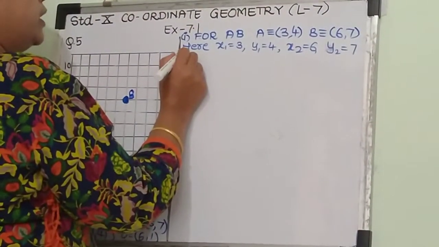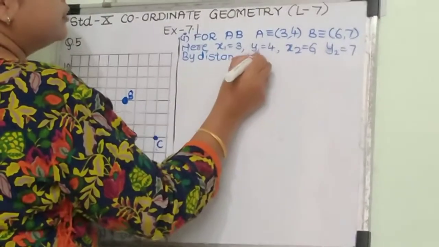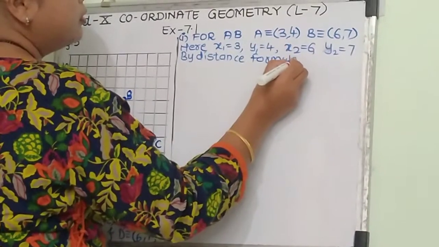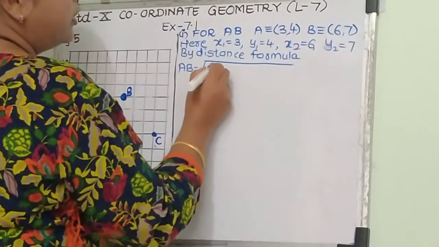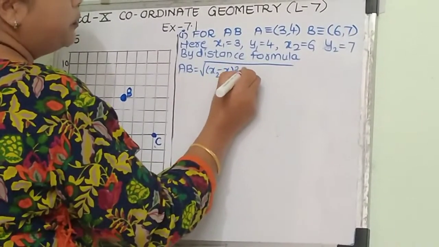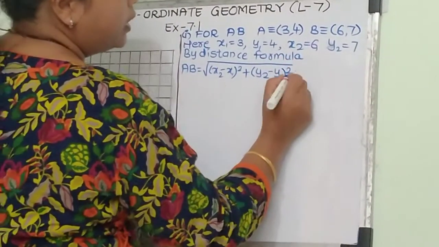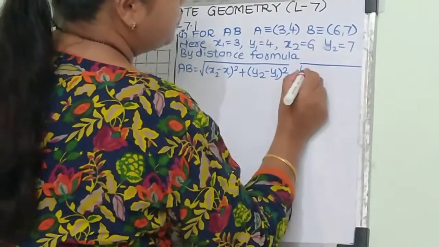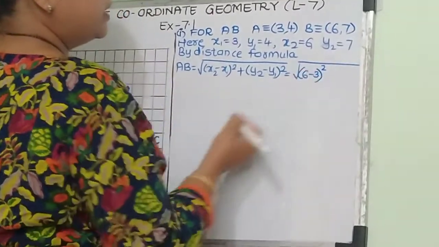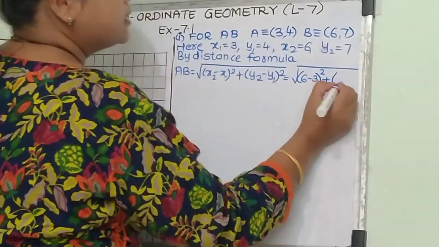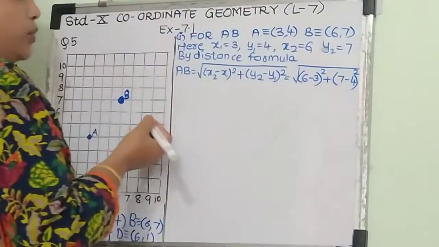Now by the distance formula we get AB is equal to root of (x2 minus x1) square plus (y2 minus y1) square. Now we are going to substitute the values. x2 is 6 minus x1 which is 3, so (6 minus 3) square plus y2 is 7 minus 4, bracket square.